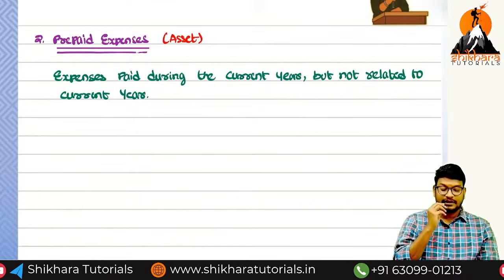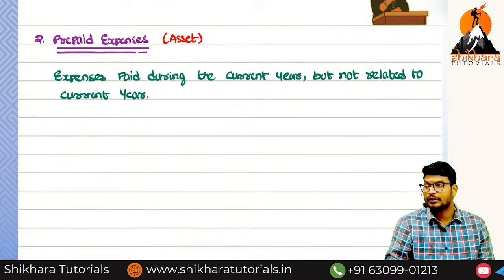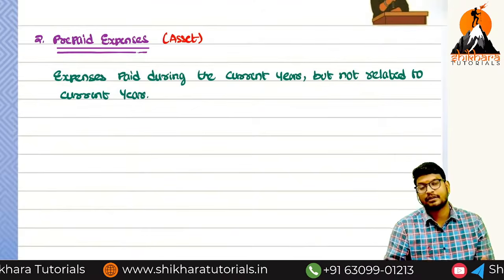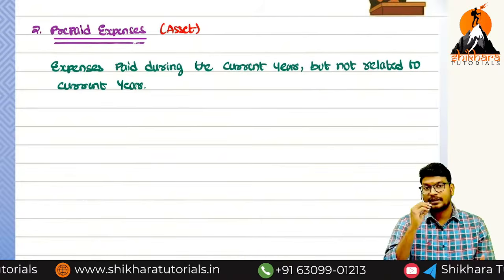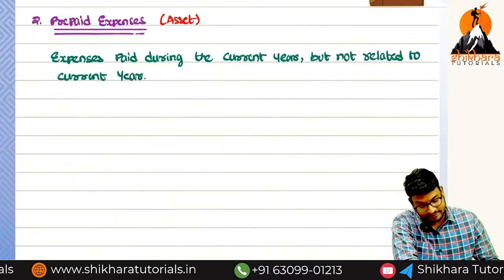Expenditure paid during the current year but not related to the current year. That means it is related to which year? Next year. So the prepaid expense is called an asset. Let me take an example.